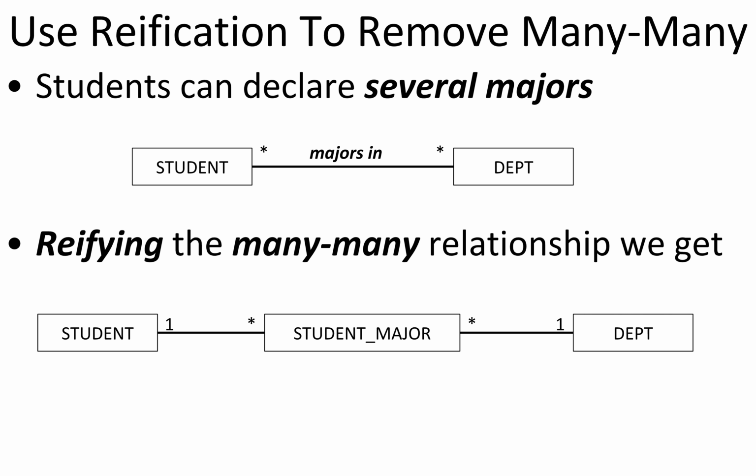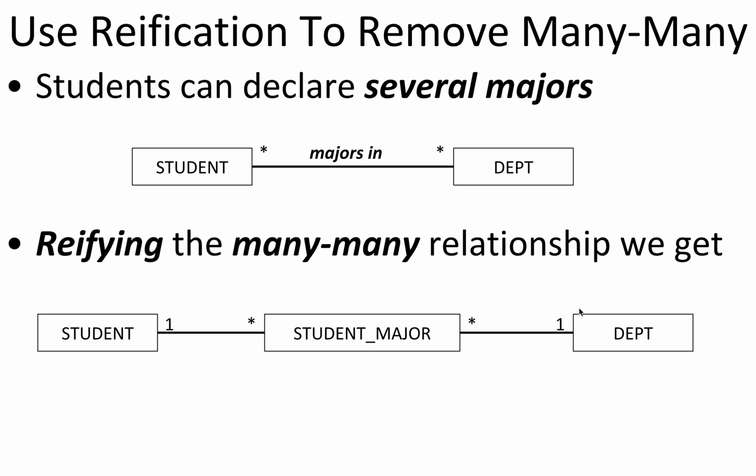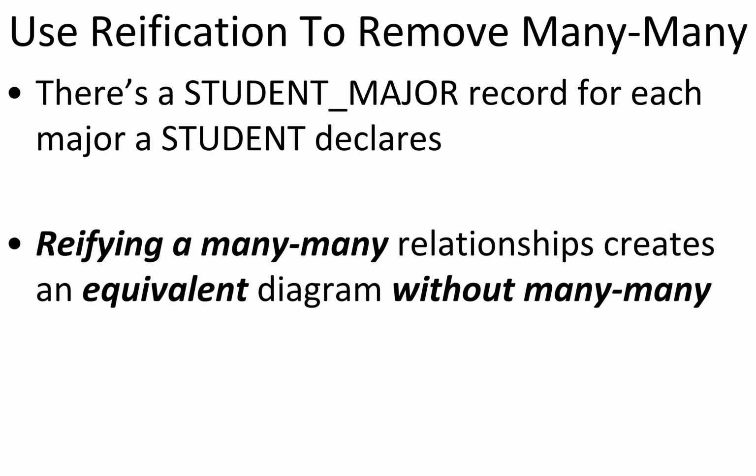The way you would implement this in a relational database is that each one of these stars would be implemented as a foreign key to the original primary key they're referencing. So this is a very common way to convert a weak-weak relationship into two weak-strong relationships, converting this into a mapping table.